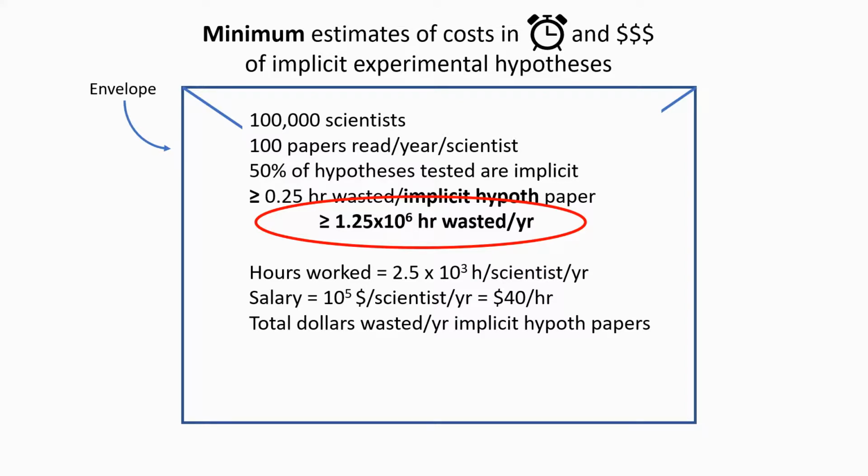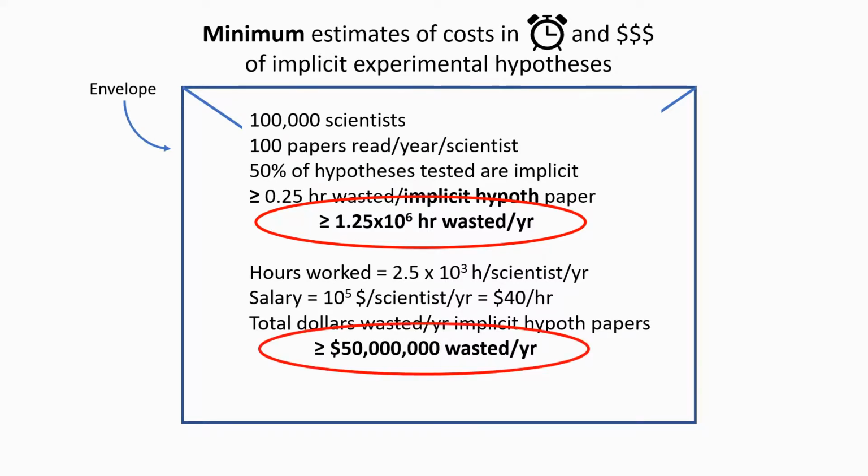In the U.S., the average salary might be something like $100,000 per scientist per year, or $40 an hour. And that would mean the total number of dollars wasted per year in trying to figure out implicit hypothesis-based papers would be in excess of $50 million.